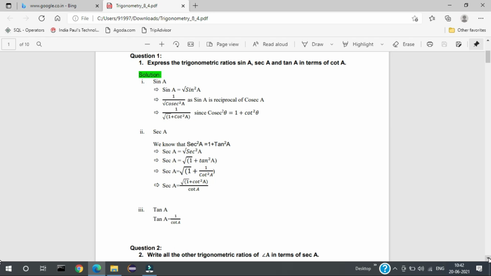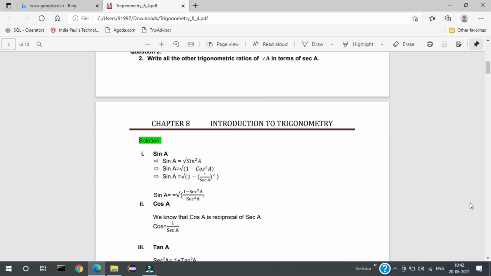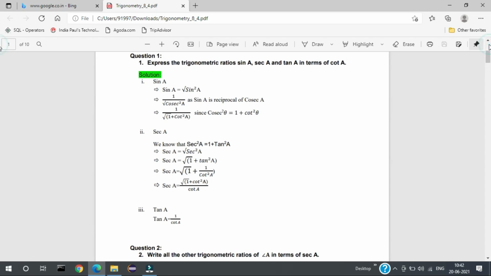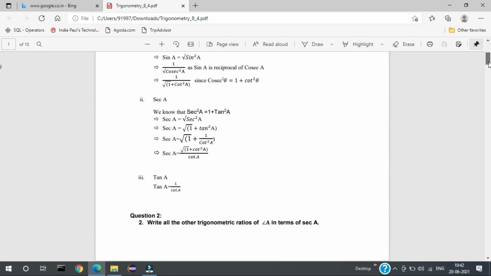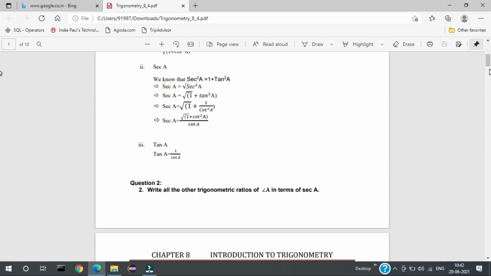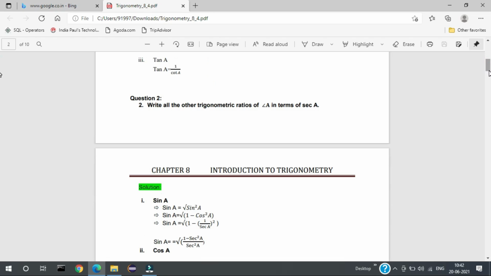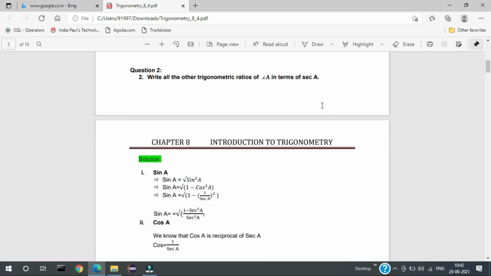Coming to question number 2. Write all the other trigonometric ratios of angle A in terms of secant A. So what are the trigonometric ratios we have?